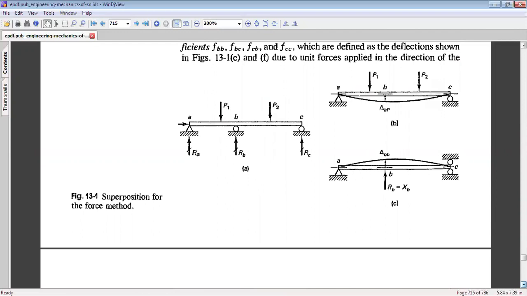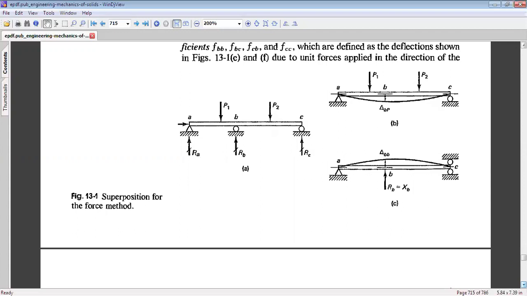Then we find out the deflection at the points where reactions have been removed. Thereafter, we remove all the external loads and apply the reaction which was previously removed and find out the deflection.